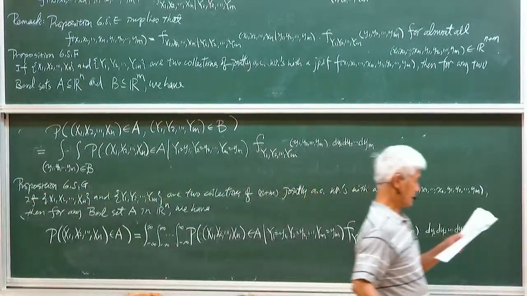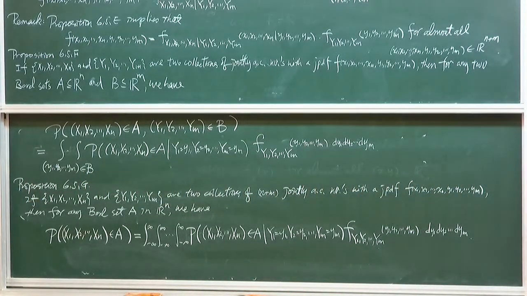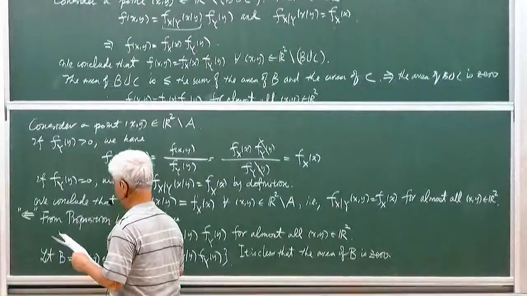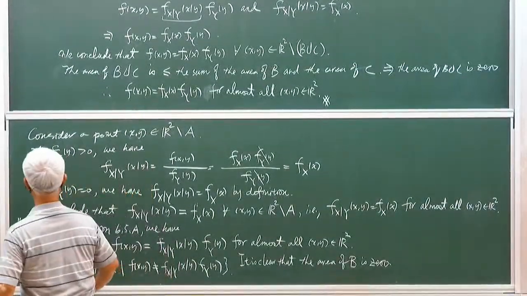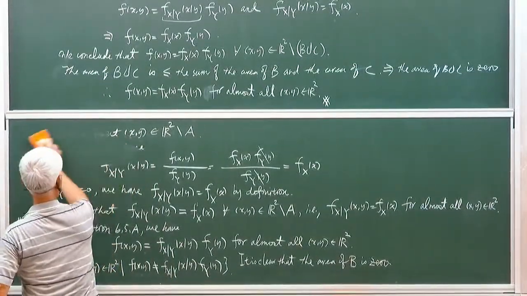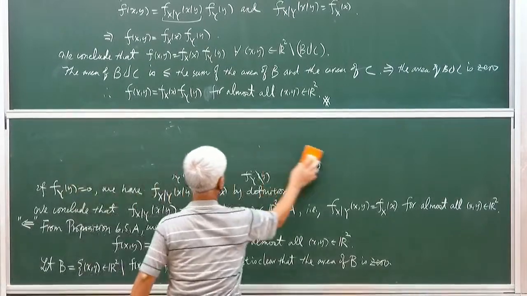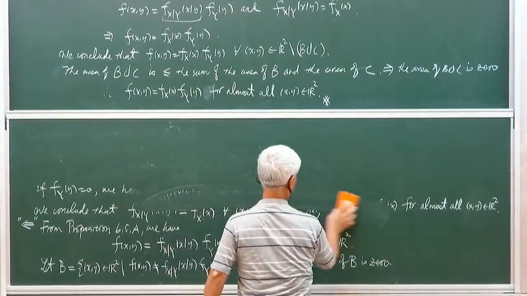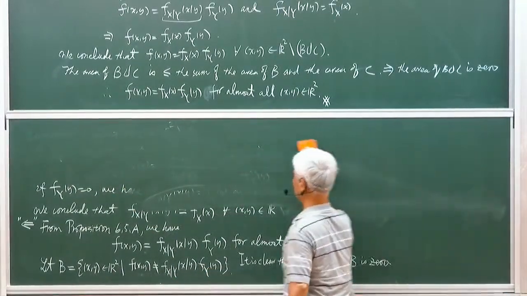Okay, right, and the last one is about the independence between two collections of jointly absolutely continuous random variables.